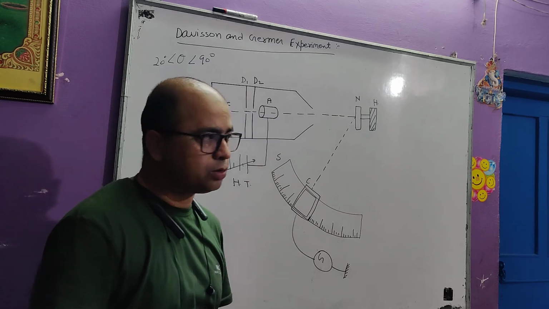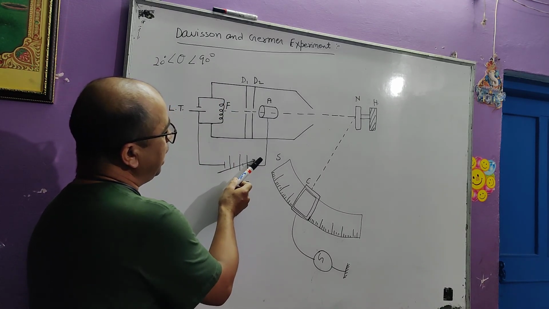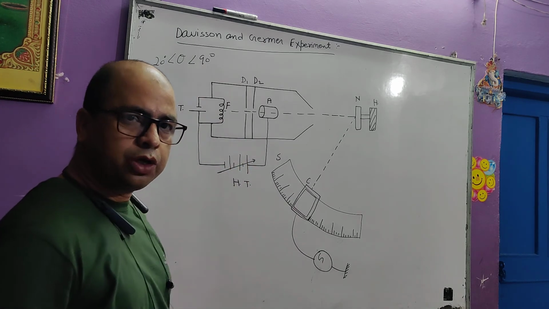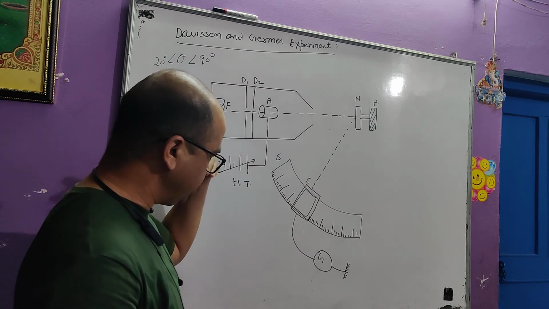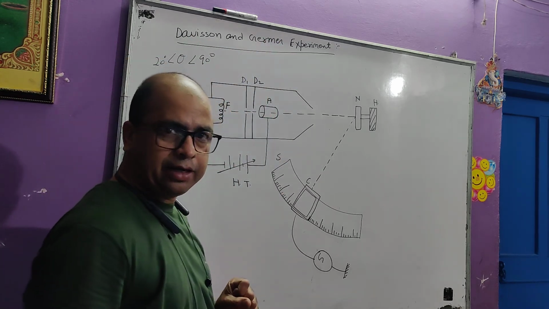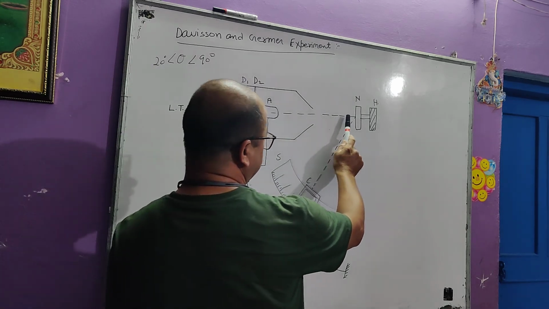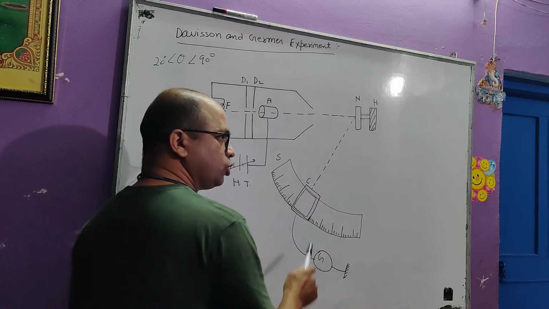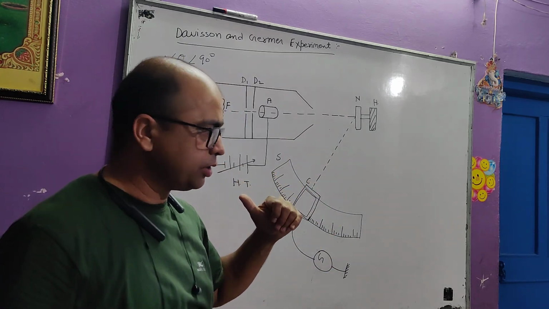What happened in this? The positive potential of the high tension battery was gradually increased. Davisson and Germer found that the current, the electron beam collected by the Faraday collector, is noted by the galvanometer.